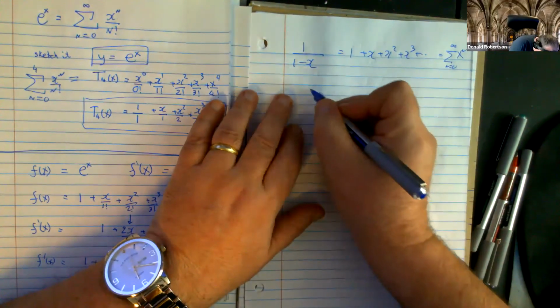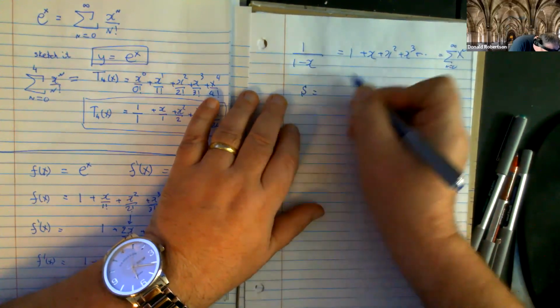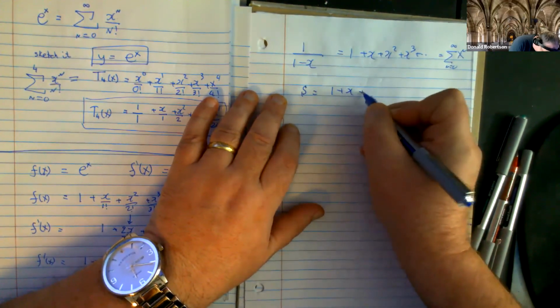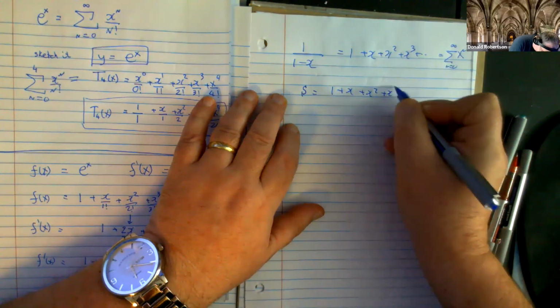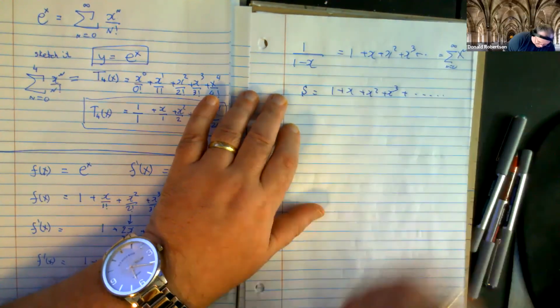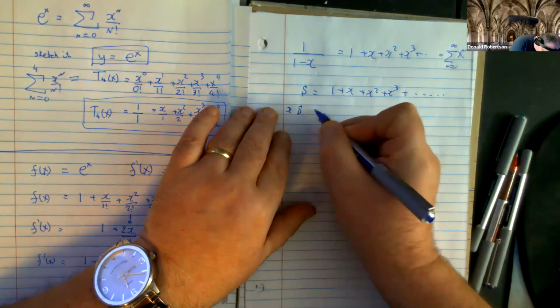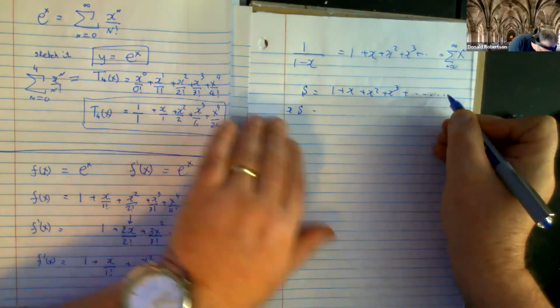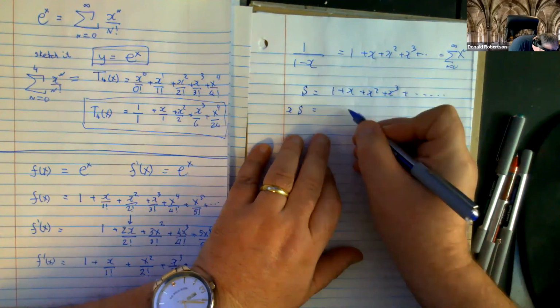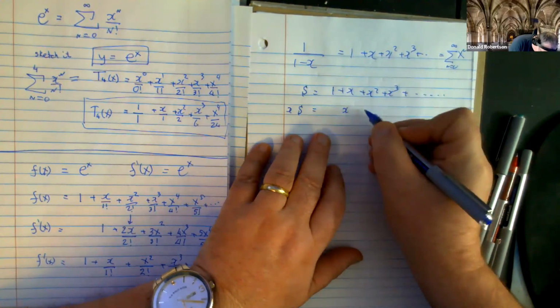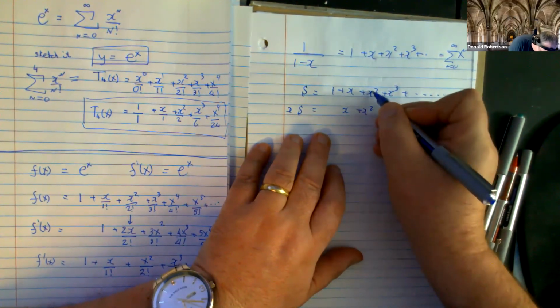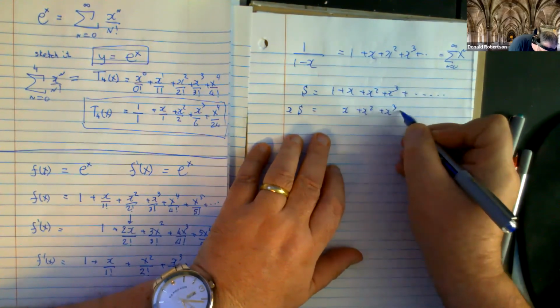So what I'm going to do is say, let S be this power series. And I'm writing it out longhand. Now, if I multiply S by x, in other words, I multiply all of this by x, 1 times x gets me x, multiply that, you get an x squared, multiply that by x, you get an x cubed, and so on forever.